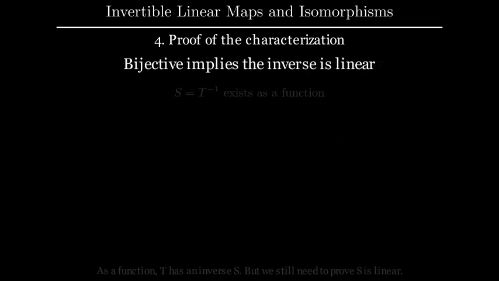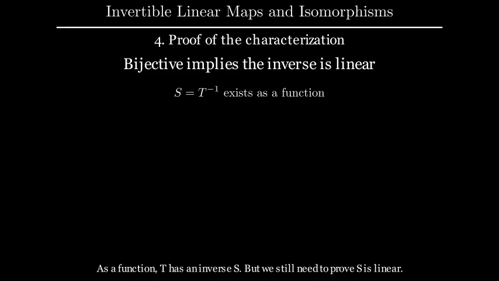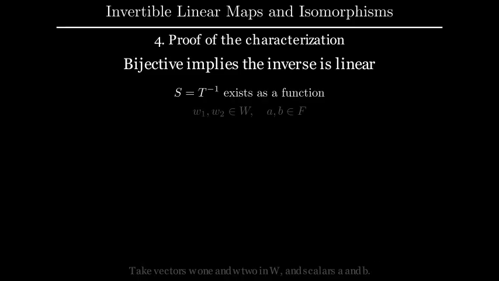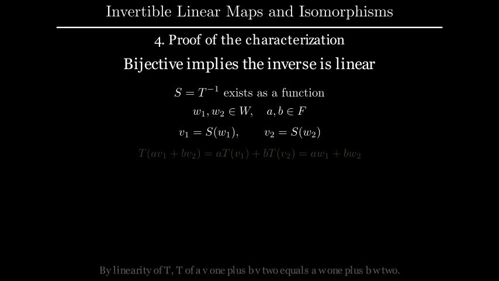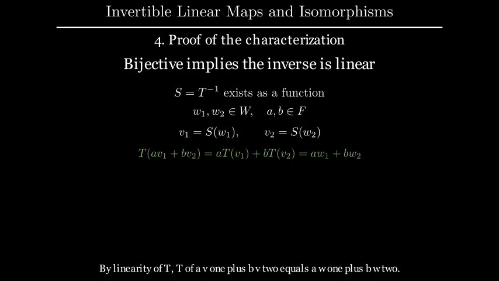Now suppose T is injective and surjective. As a function, T has an inverse S, but we still need to prove S is linear. Take vectors w1 and w2 in W, and scalars a and b. Let v1 be S of w1, and let v2 be S of w2. By linearity of T, T of a v1 plus b v2 equals a w1 plus b w2.